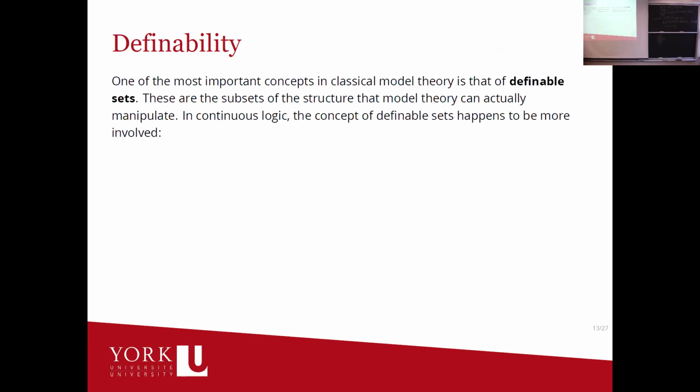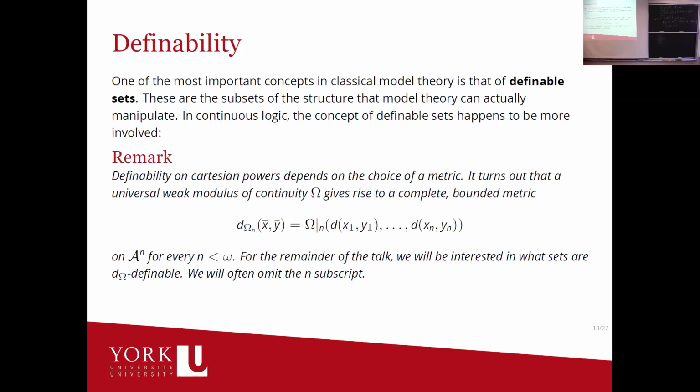So what notion of definability are we going to come up with? It's essentially the sets that I can write down the distance to. And what distance? Because you could do it for any metric on your structure, but we really want to talk about our omega formulas.